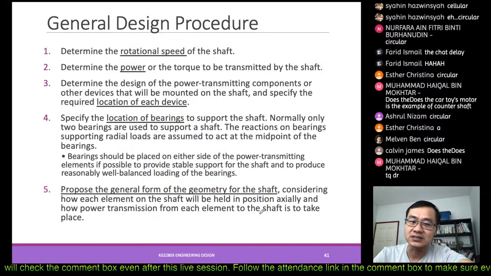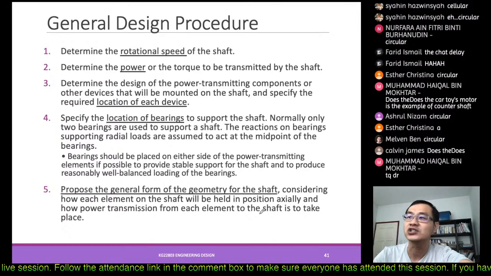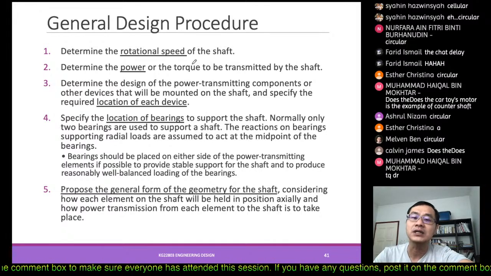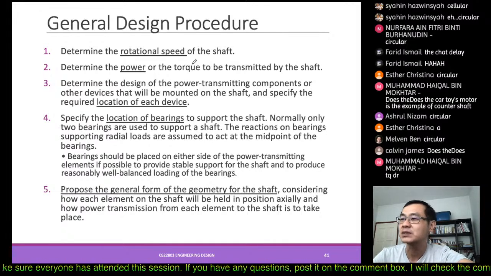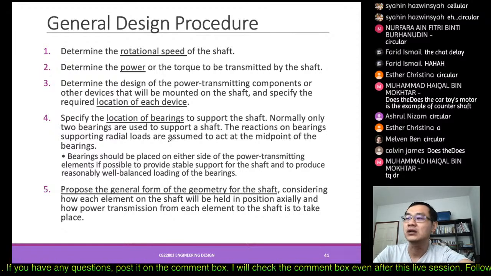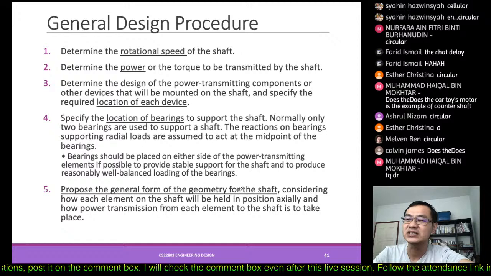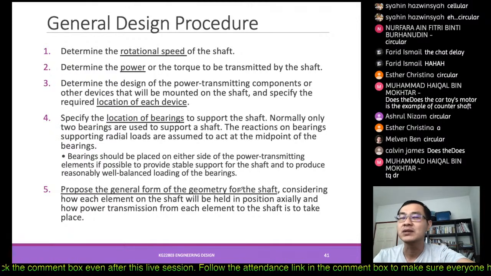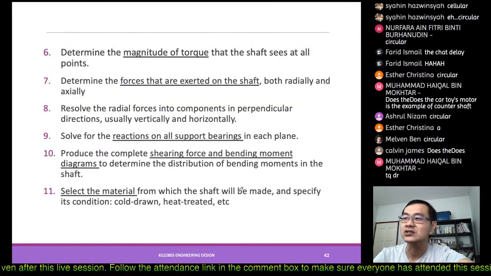So that is the procedure or method for how we can design a shaft. Generally we would want to know the speed, the power, and the locations where we would transmit. General descriptions, where we want to put the bearings, some idea of the geometry, where is the highest, the lowest, maybe where you want to put the key, and so on.